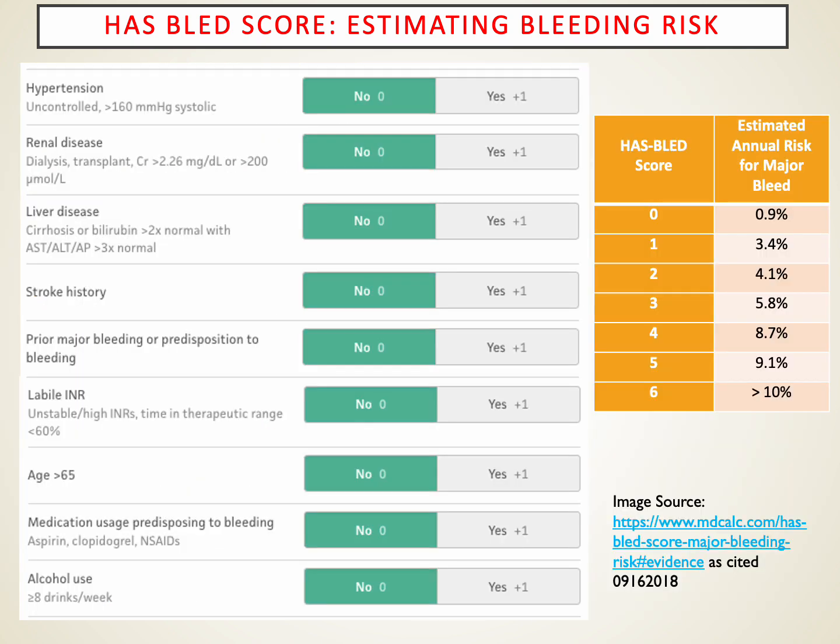I'd encourage you to use this on your handheld device or at your computer in practice. There will be calculators for all kinds of things. You've probably already played with a few of them, but there are risk estimations for bleeding risks. And in cardiovascular medicine, we'll reintroduce this, where we're going to look at two scores, for example, for a patient who has atrial fibrillation.